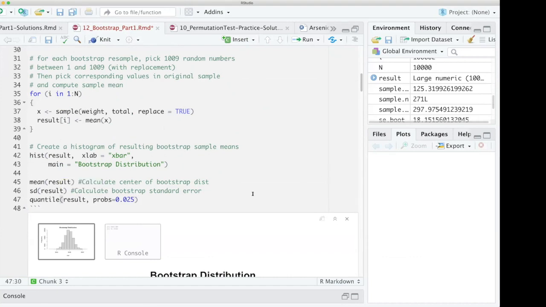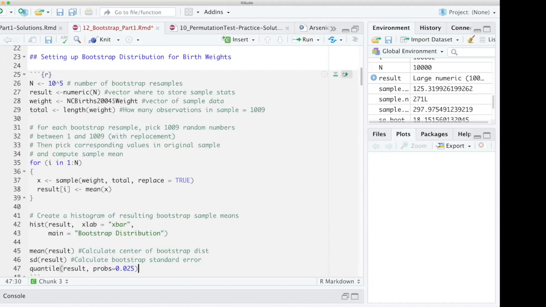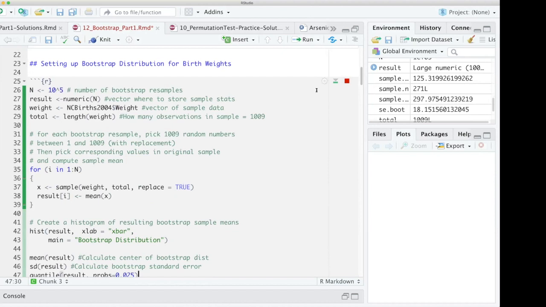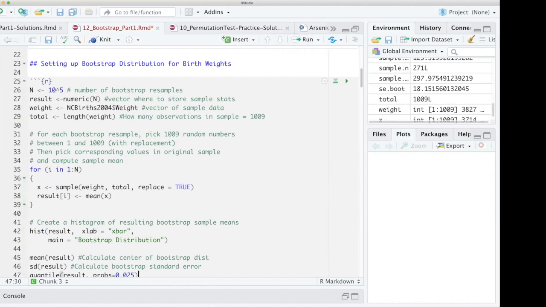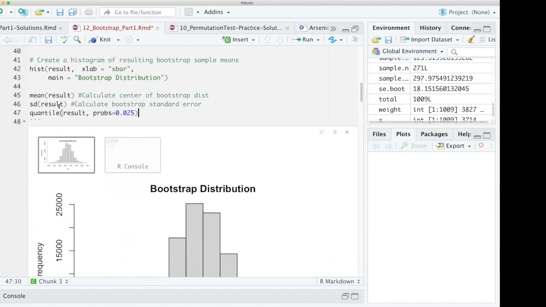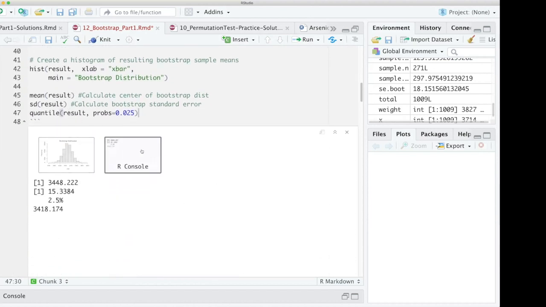And this is going to calculate the 0.25 quantile. And let's see. That told me that was 3,418.175.